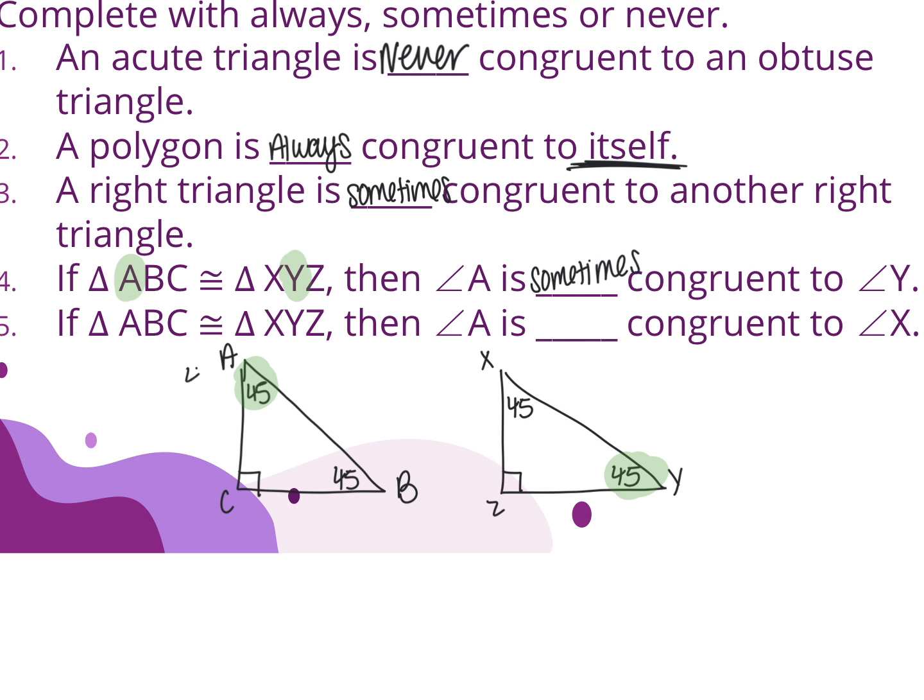Okay, so this was for number 4. Now looking at number 5, if triangle ABC is congruent to XYZ and angle A is blank congruent to angle X, what would this one be? Keep in mind they're in the same corresponding spot, so what would this one be?